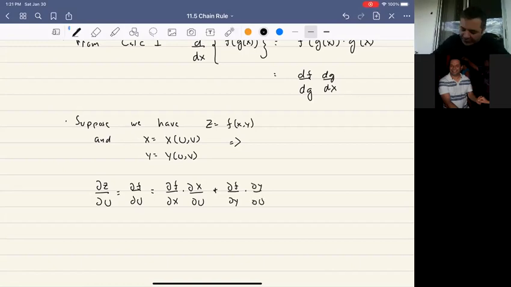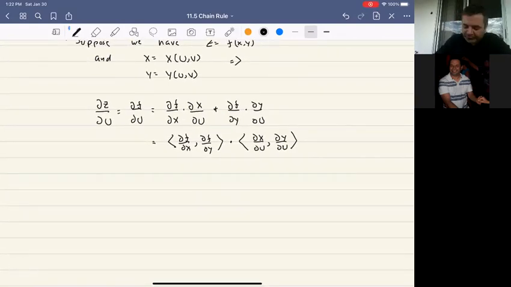You could also think of this as a vector: the partial of f with respect to x, partial of f with respect to y, dotted with the partial of x with respect to u, partial of y with respect to u. Same thing, so it's kind of similar to the directional derivatives.